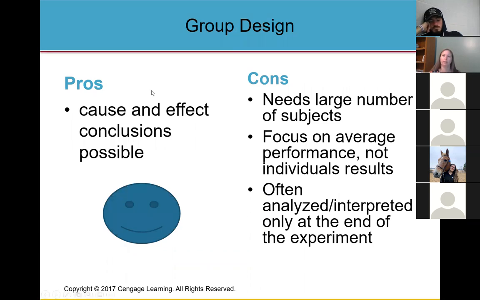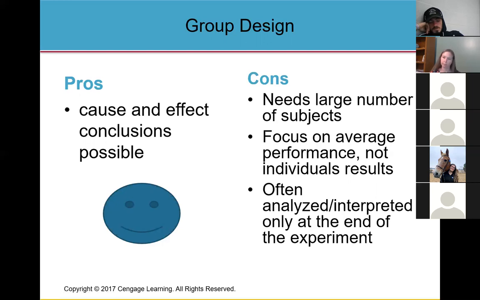Okay, so pros and cons, and then I'll probably just stop for today. We can make these causal inferences. We can say there's a functional relationship if we use these group designs, comparing one group to another group.